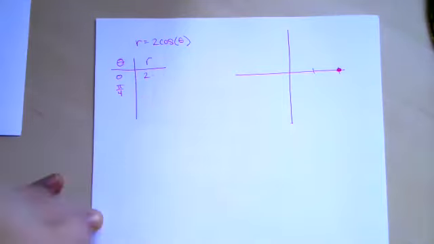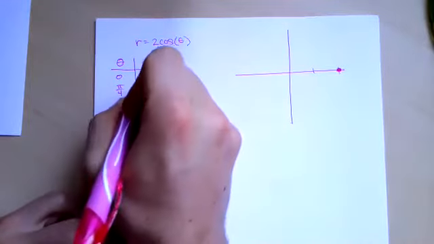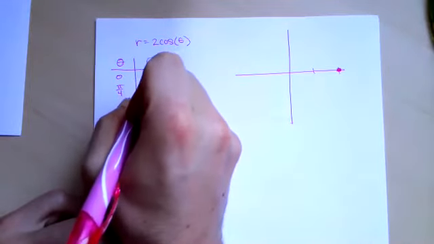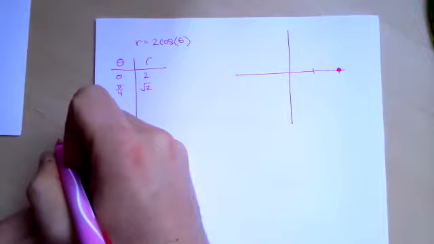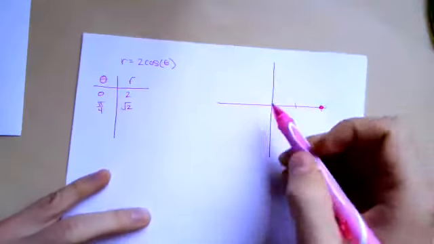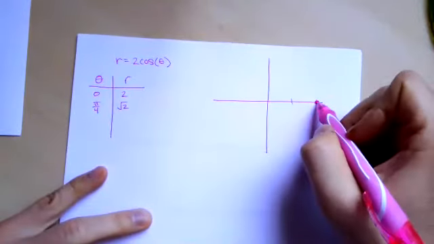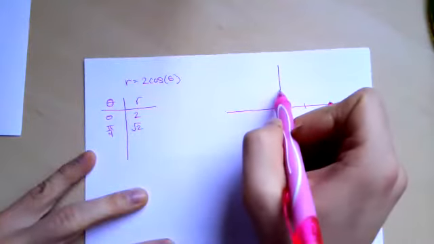4. Those are usually pretty nice to count in for your angles. So at pi over 4, we get 2 times cosine of pi over 4. And what is cosine of pi over 4? Root 2 over 2. So we'll just get root 2. Now we have to imagine this was a circle of radius 2.